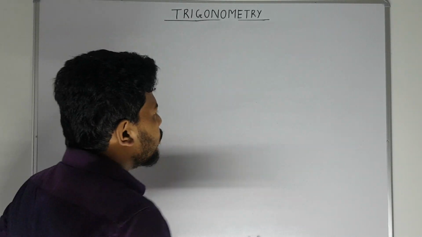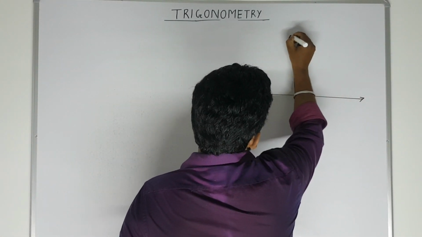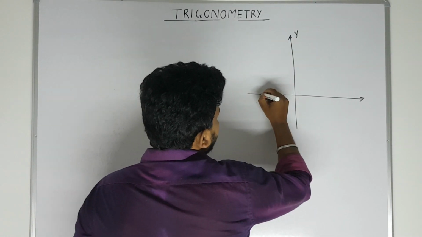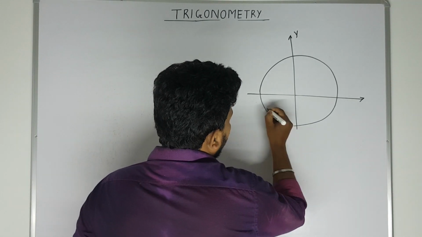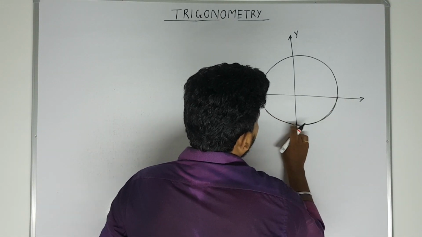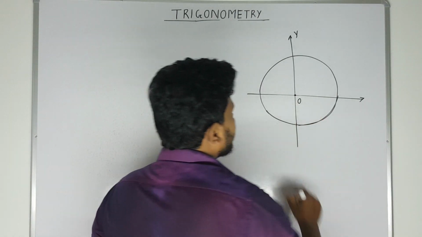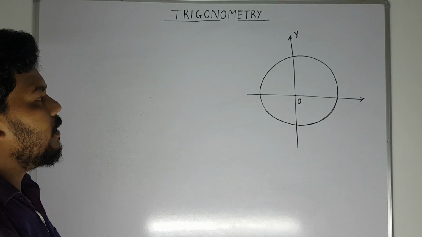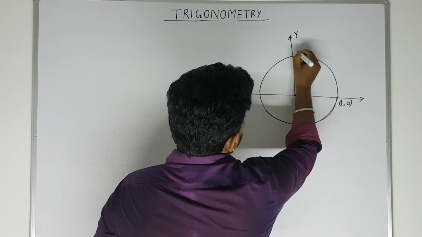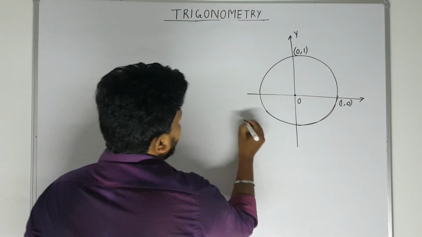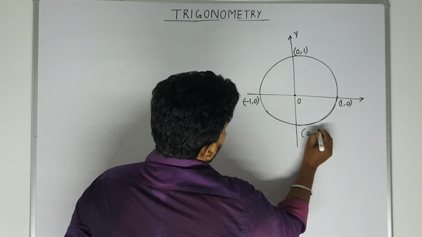Now suppose this is your xy plane and this is a circle having radius 1, with its center at the origin. Now this is 1, 0, this is 0, 1, minus 1, 0, and this is 0, minus 1.